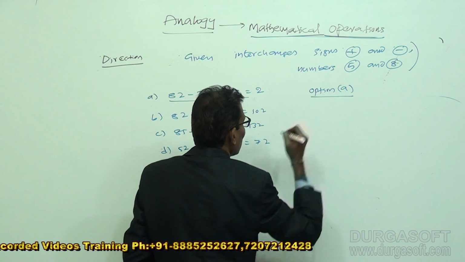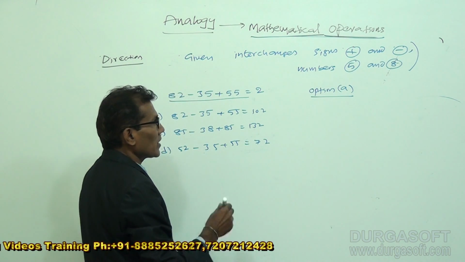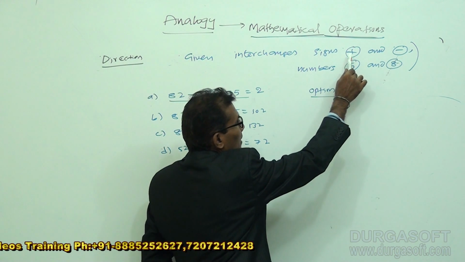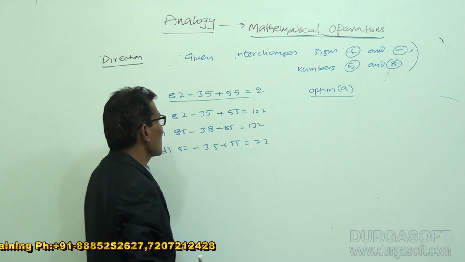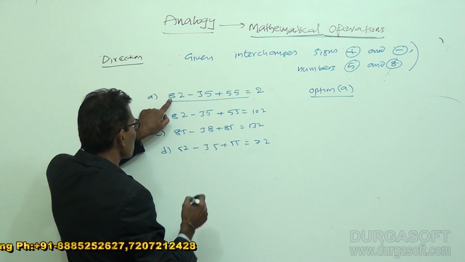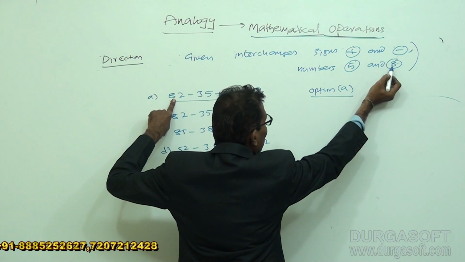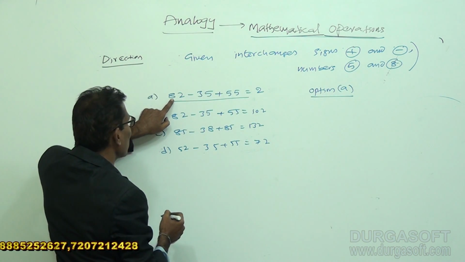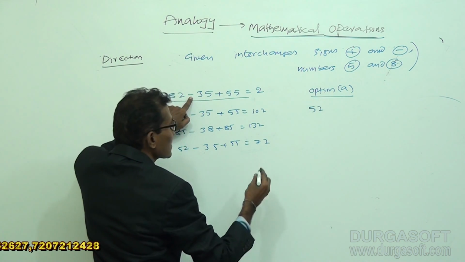In option A, I am going to make the changes according to the given directions. Plus and minus should be interchanged and 5 and 8 should be interchanged. So in option A, on the LHS, 82, but according to the directions 8 and 5 interchange, so in place of 8 I should write 5. So 52. And minus, what about the minus?